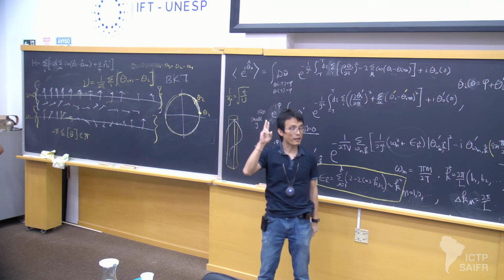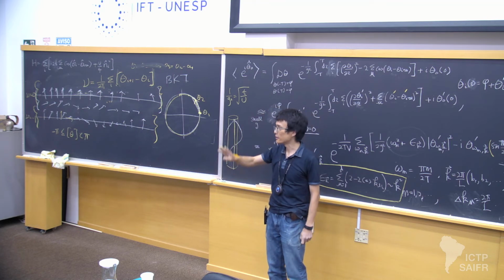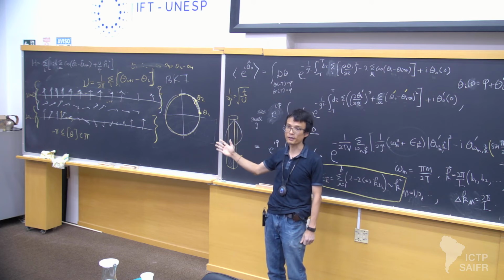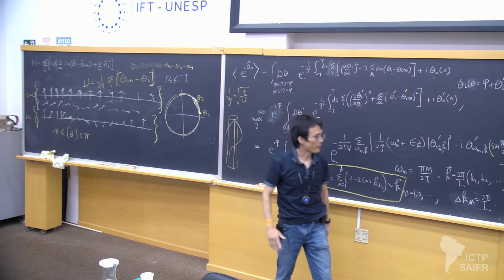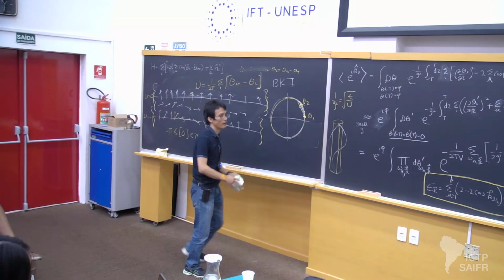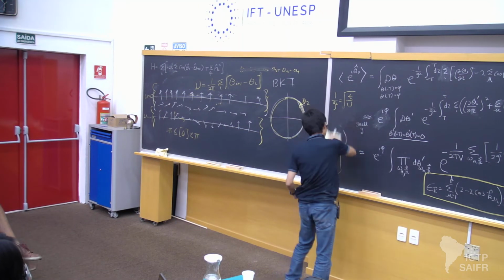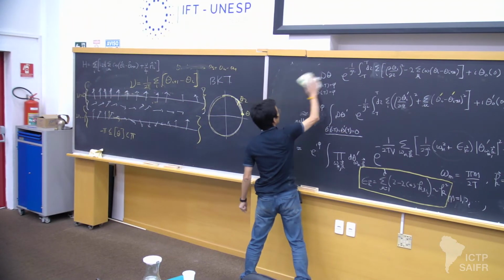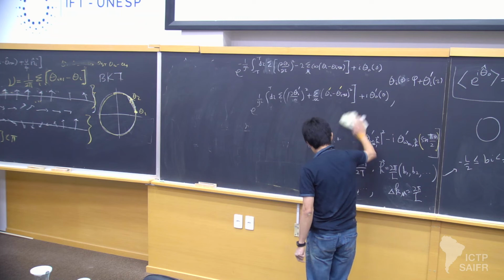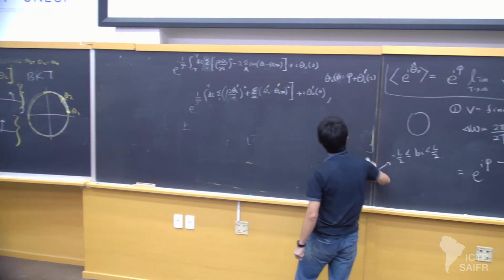So let me just take 2 or 3 minutes just to sketch the existence of such a phase transition. Okay. So, I mean, the details are in the notes, so you can try to follow the calculation, but here's the picture.